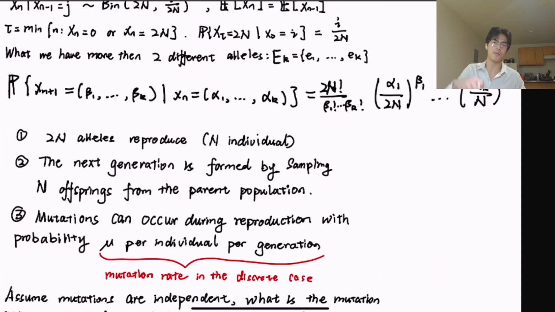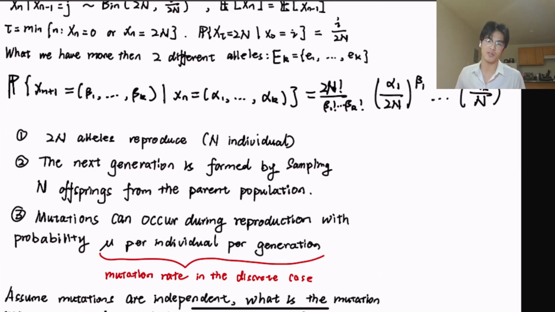Although we sample a capital A from the previous generation, it eventually becomes a small a in the next generation. And this is called a mutation. This is the simplest form of mutation, where we only have two different types of alleles, and they have equal probability of mutation.